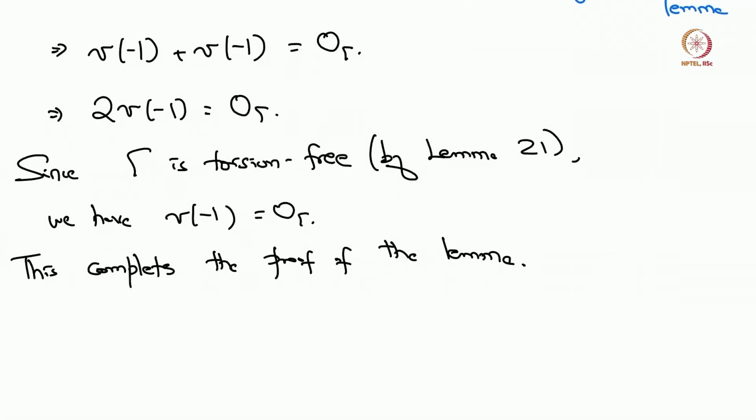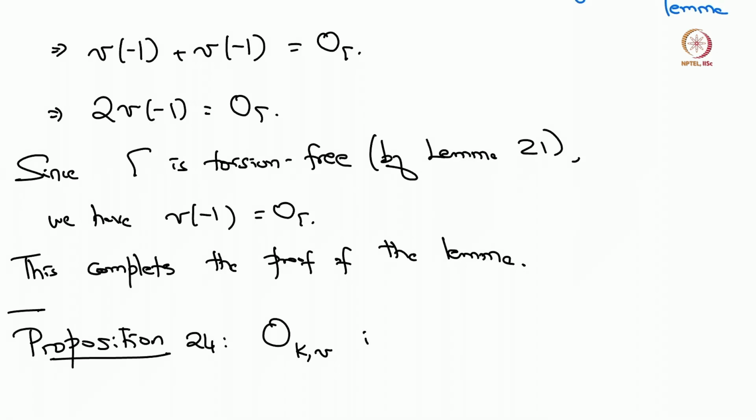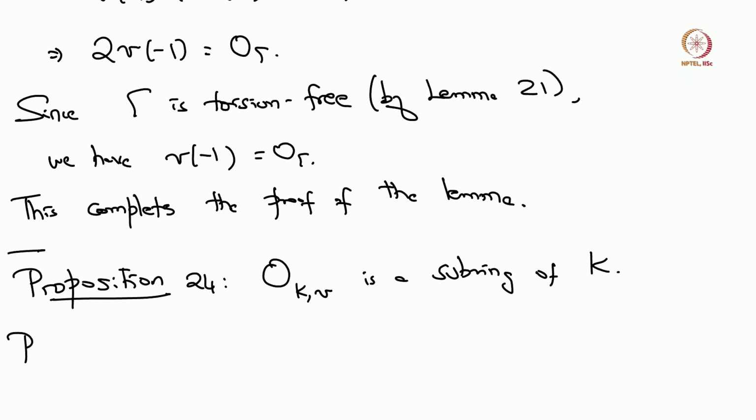Now let's move on to the proposition. Proposition 24, that the set I defined, OKV, is in fact a subring of K. So by construction, we have that 0 belongs to OKV.